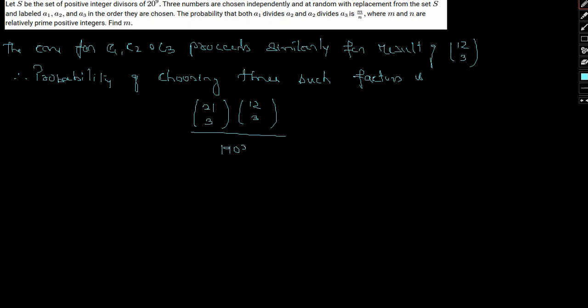This would basically give us 77 by 1805, where m is 77 and n is equal to 1805.